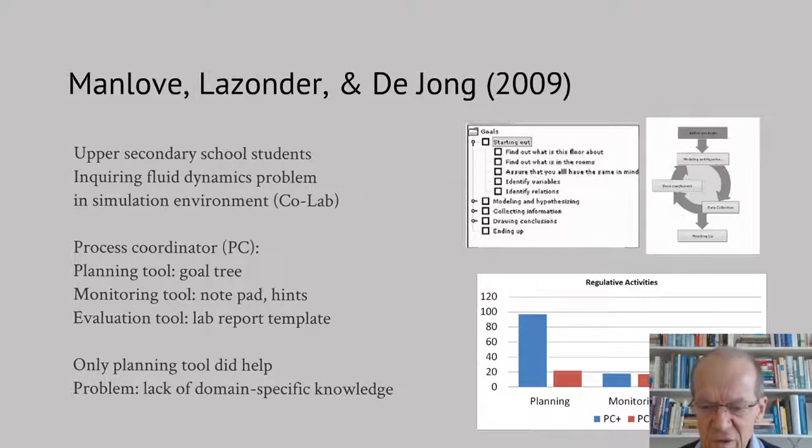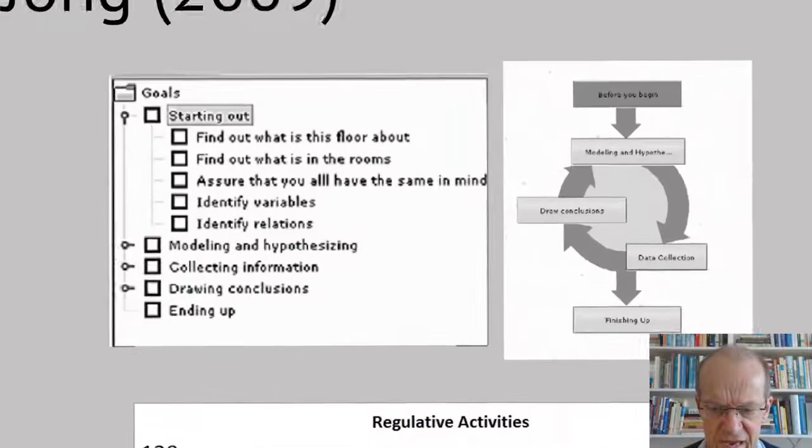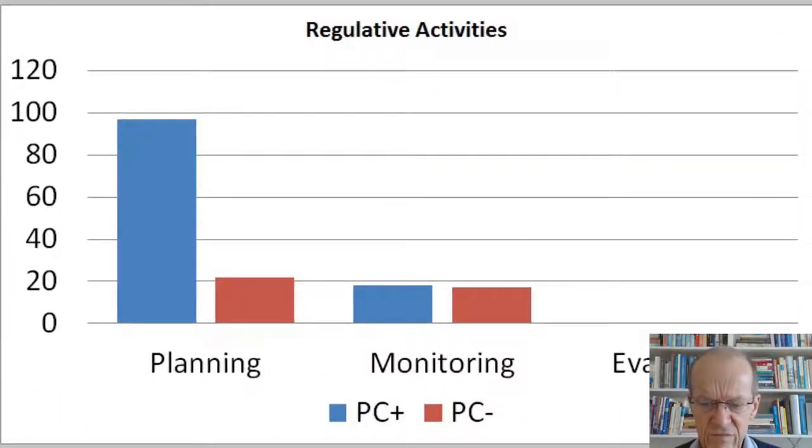Now, when you have a look at the data in which the regulative activities were compared between two groups, the PC Plus group, who did work with the process coordinator, and the PC Minus group, which did not work with the coordinator, you can see that as far as planning is concerned, there were significant differences between the two groups.